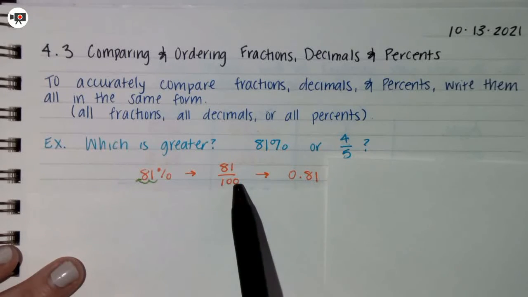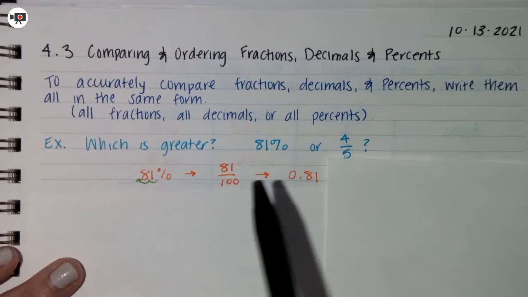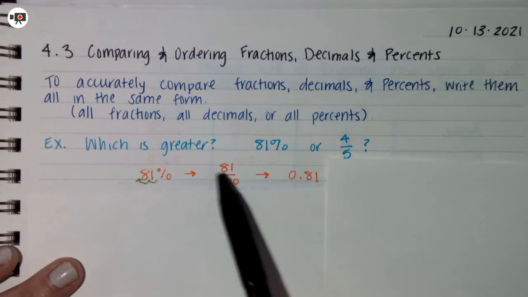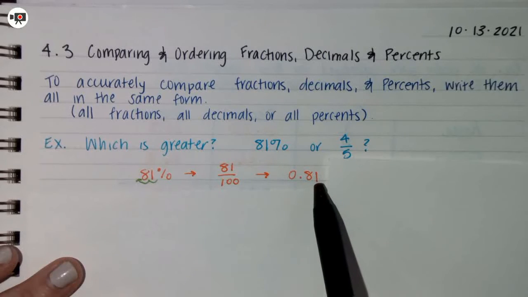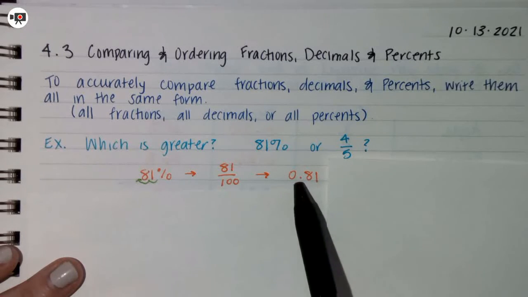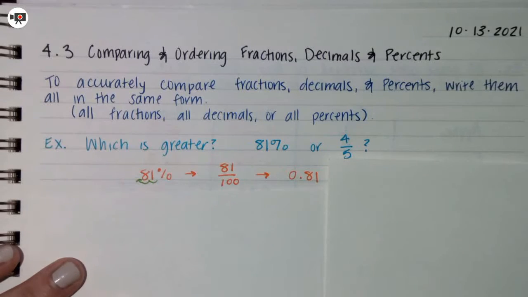This fraction reads as 81 hundredths. The denominator is 100, and we have 81 out of 100. So you know that your numerator, 81, is going to end in the hundredths place. That is where this 1 is.